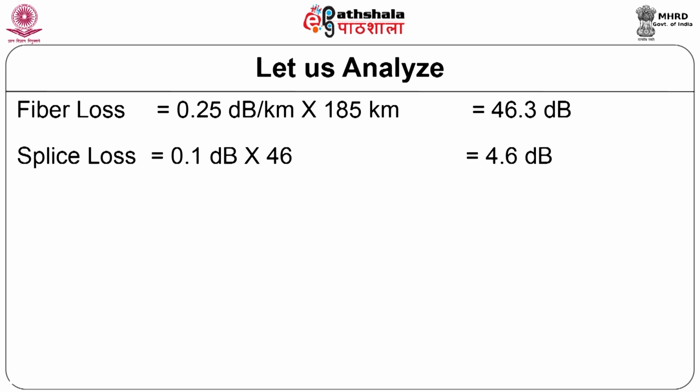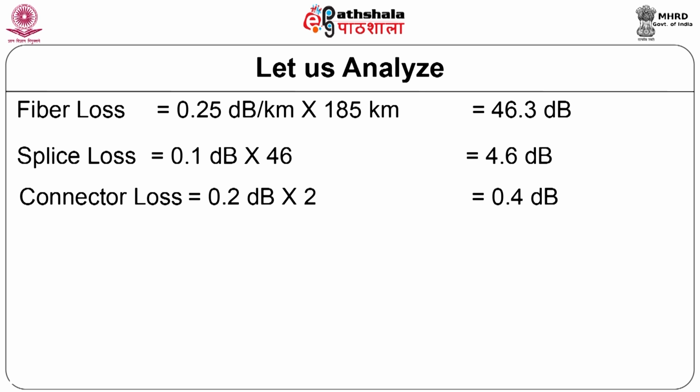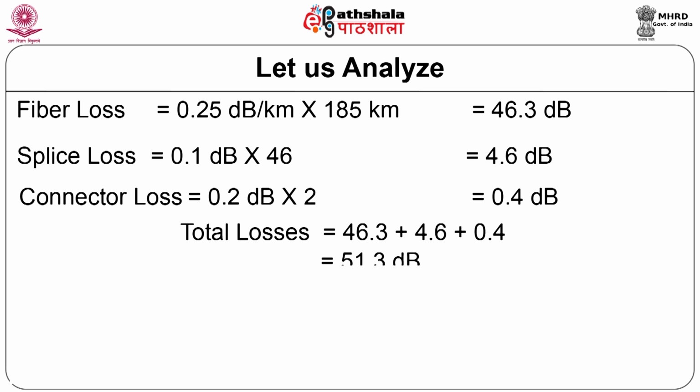So, 4.6 dB. Connector loss 0.2 dB into 2. There are two connectors, one at the transmitter and another at the receiver. So, 0.4 dB. So, what are the total losses? They are the addition of 46.3 plus 4.6 plus 0.4, that is 51.3 dB.